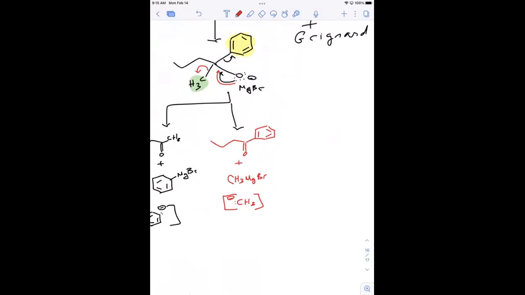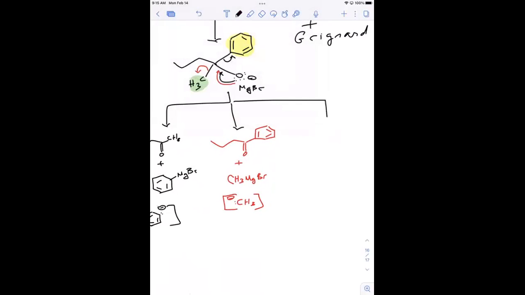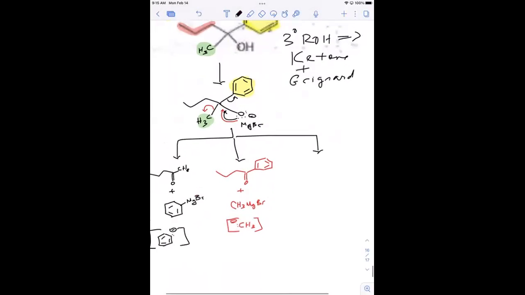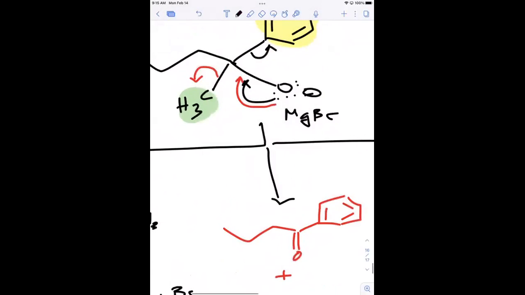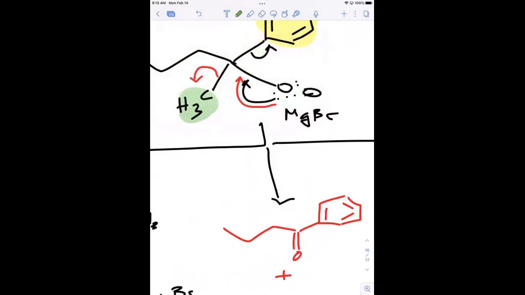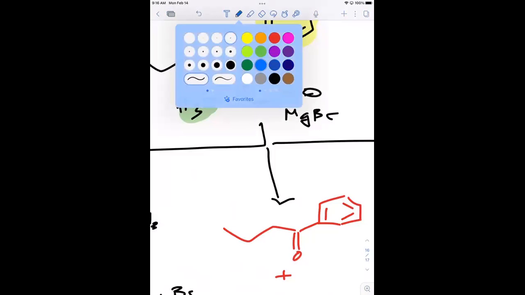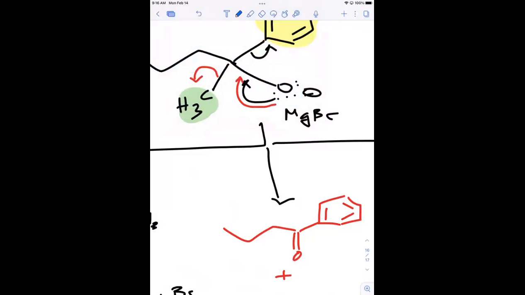That's what will be my Grignard. And the other piece would be the ketone that I added. All right. And then if I did the final piece, let's just look at that real quick. We're going to change the arrow colors. So I do this, and then this.